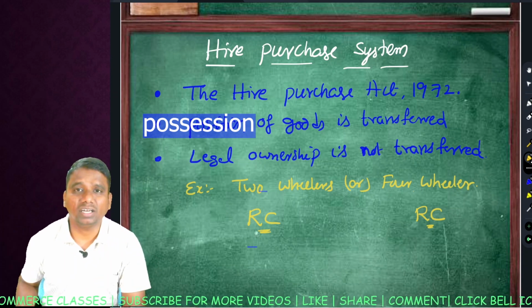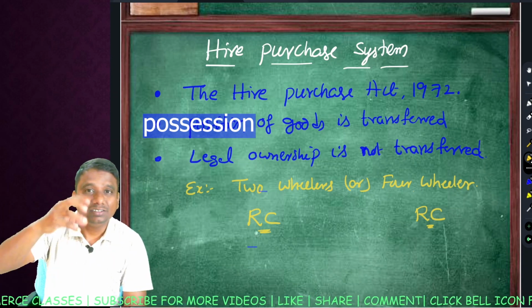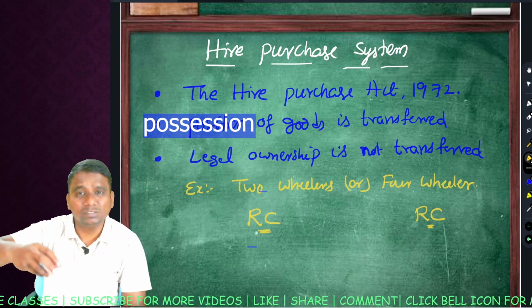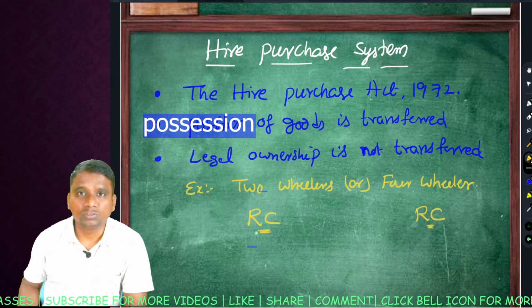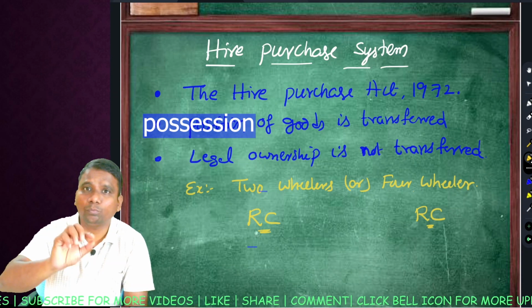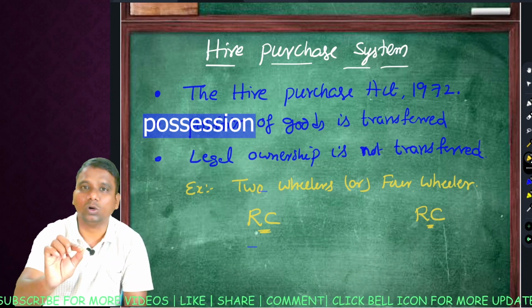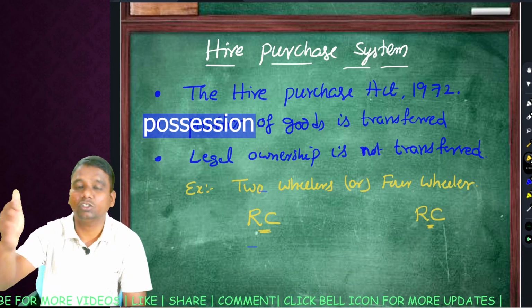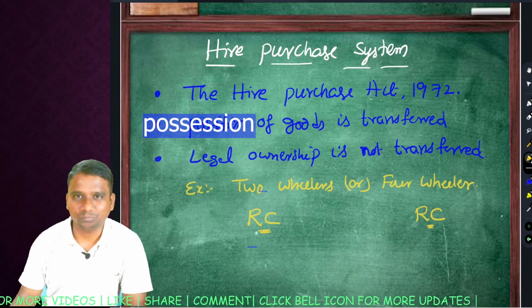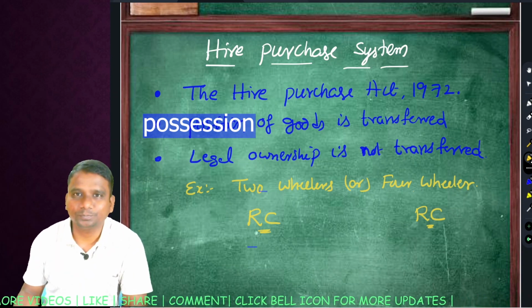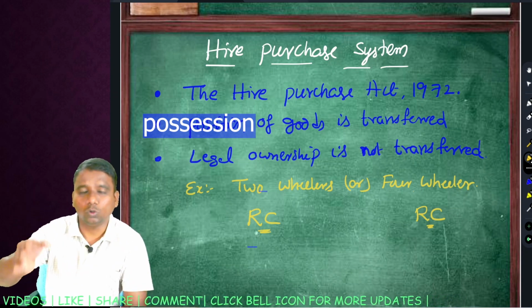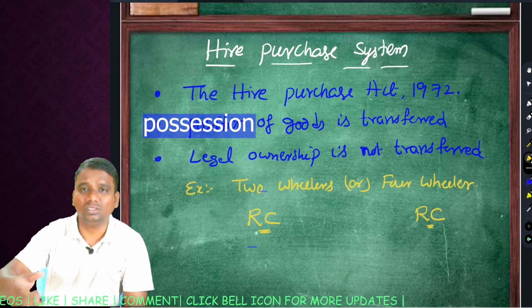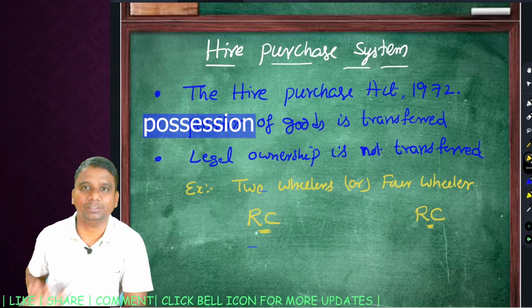That means this product is financed by so and so company. So you have the possession and you can use this product, but it is not possible to sell this product to some other people. That's the word hypothecated to. Once you clear the loan, then you get the ownership.